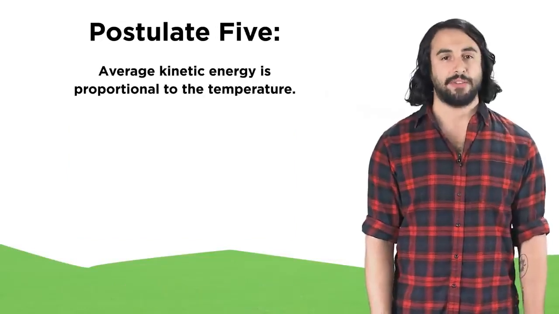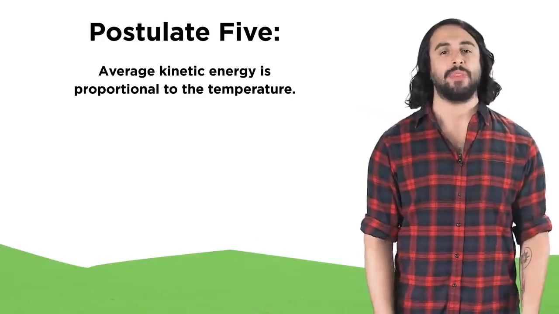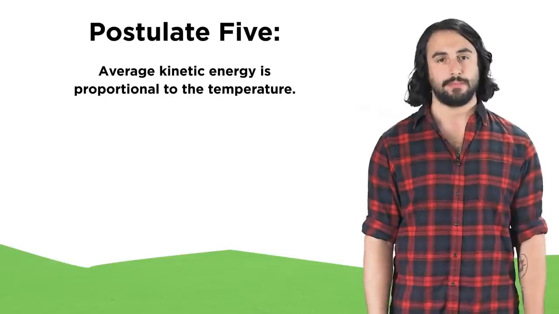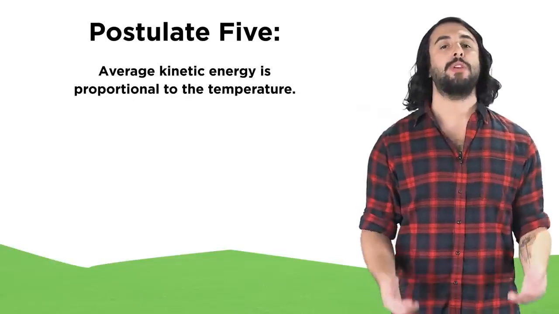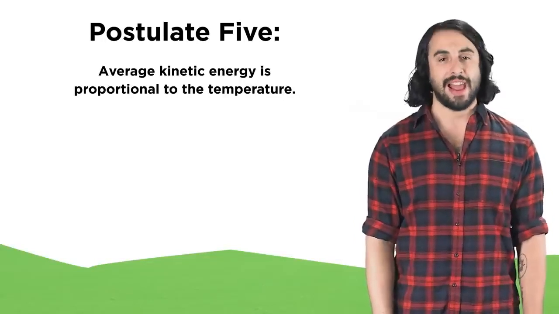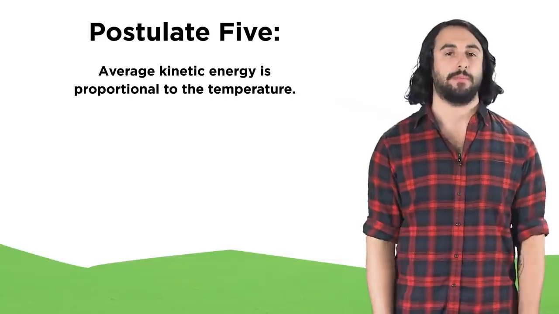And number 5. The average kinetic energy of the particles in the gas is proportional to the temperature of the gas in Kelvin. This means that if you increase the temperature, you increase the kinetic energy, which means the particles will be moving faster.